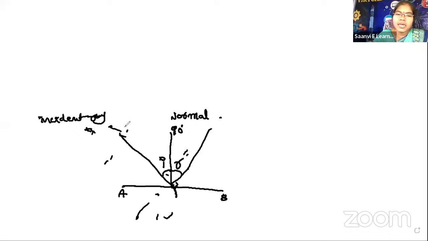So this is the incident angle, and this is the reflection angle.